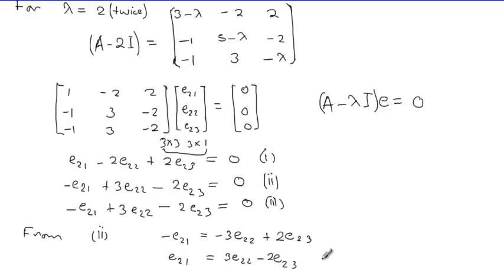So to write this vector number 2, we can write it as 3 alpha minus 2 beta, and then we can choose alpha and beta to be parameters.